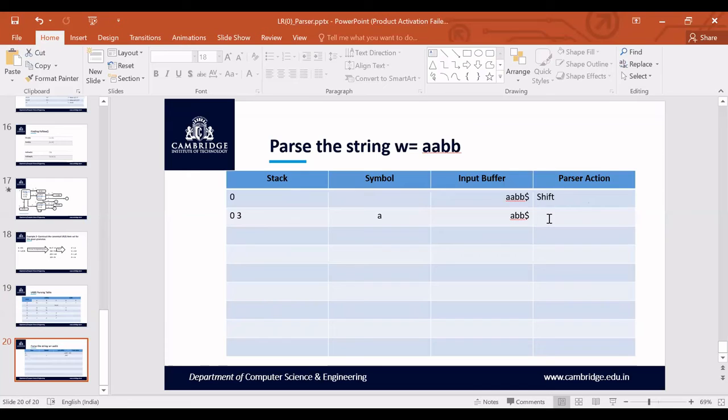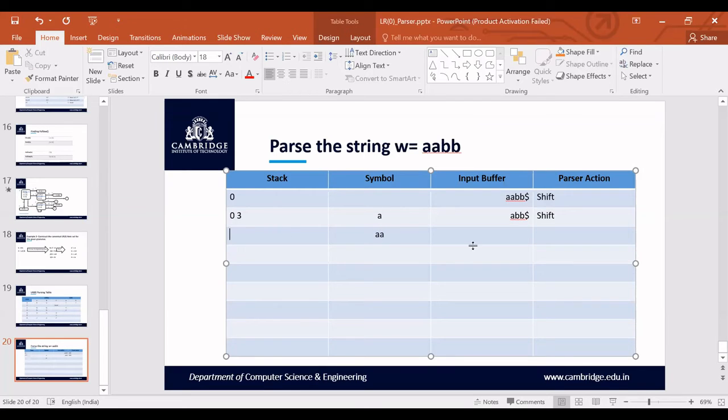So you are shifting one more state onto the stack: 0, 3, and 3 again. And in the input buffer, you are left with two symbols B and B, and the end of the input string.